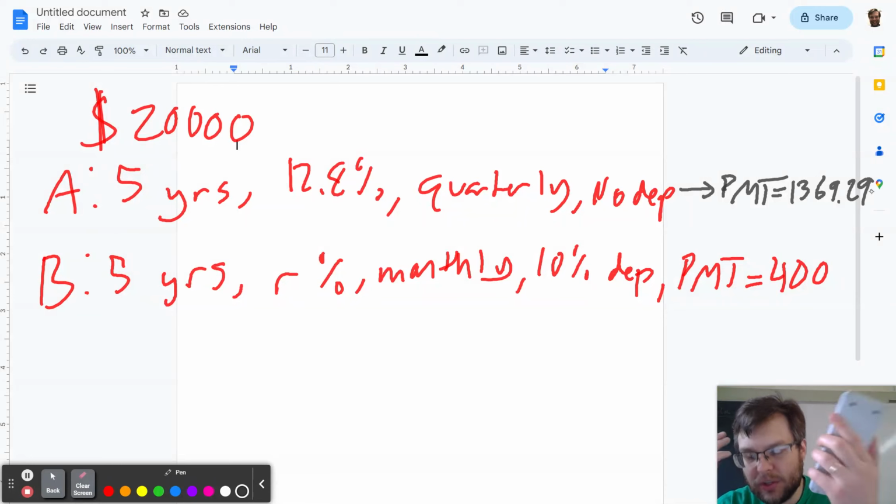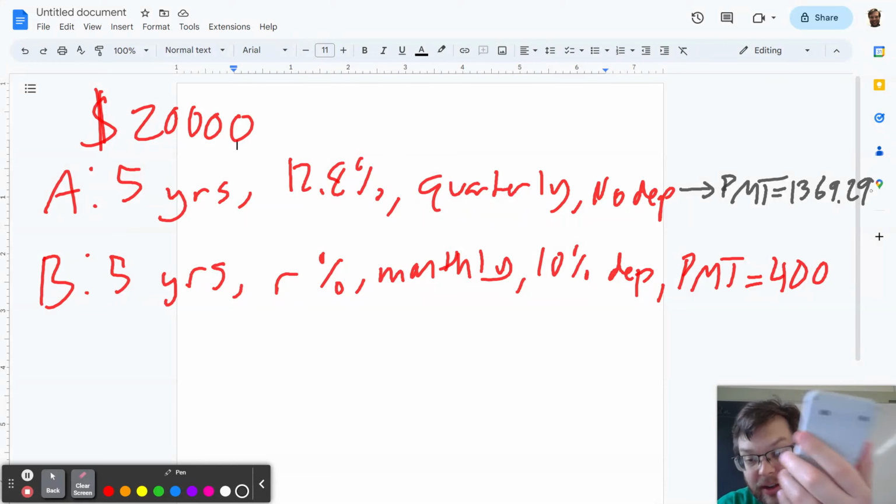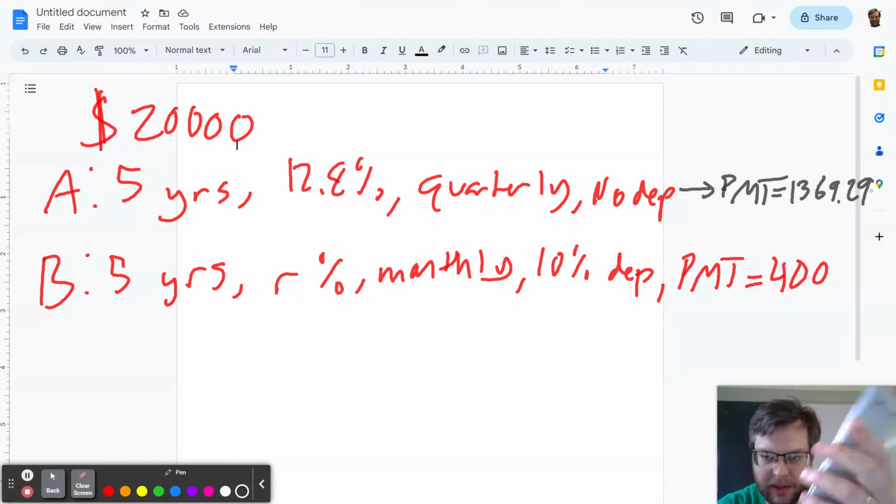It kind of makes sense. You should always try to do a rough double check. You're going to make 20 payments, so each payment's going to be about $1,000. The reason it's more than $1,000 is because of the interest rate. When you're paying 12.8% interest, that's a significant amount. So that kind of makes sense. If I got a number that was like 3,000, I think that's wrong. If I got a number that was 300, I'd know that's wrong as well.